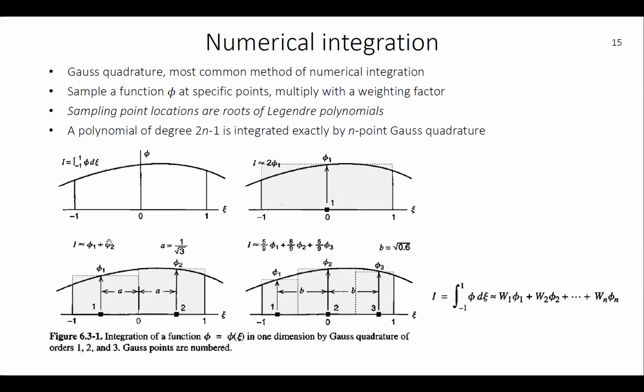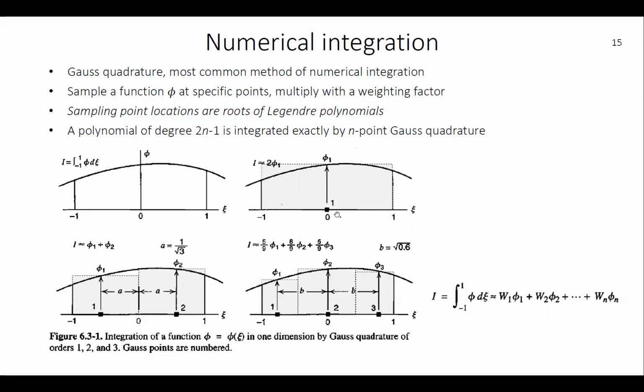For now, you can accept that they are at certain locations, but they happen to be roots of so-called Legendre polynomials. But that's outside the scope of what we're looking at here. So just accept that you will have the best solution at these specific points. And this says that a polynomial of degree 2n minus 1, being this sample function phi, will be integrated exactly by n points of this Gauss quadrature, which is good news when we would like to have accurate results in our analysis. So we integrate from -1 to +1.